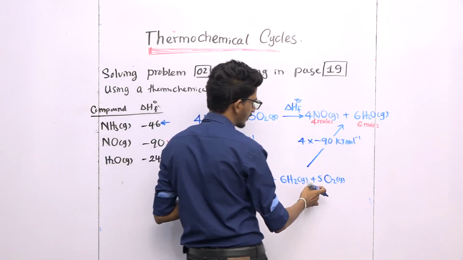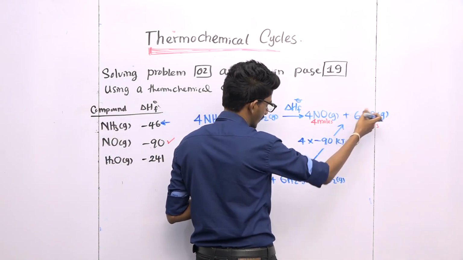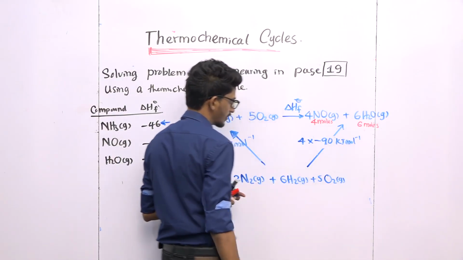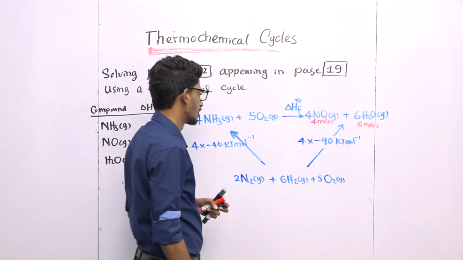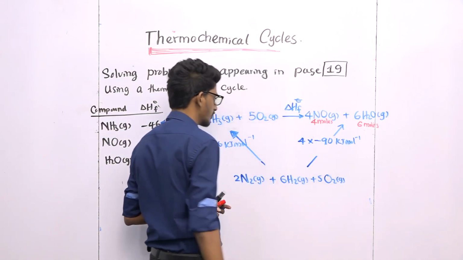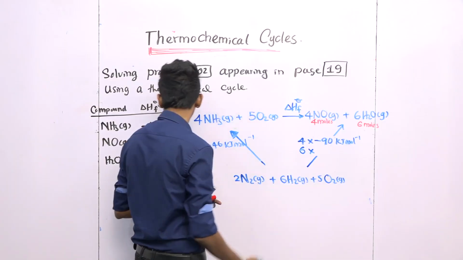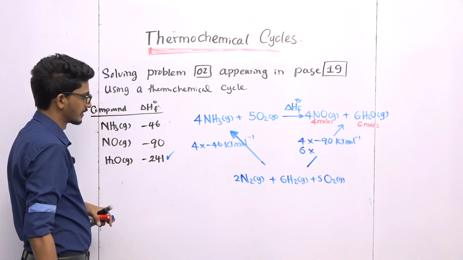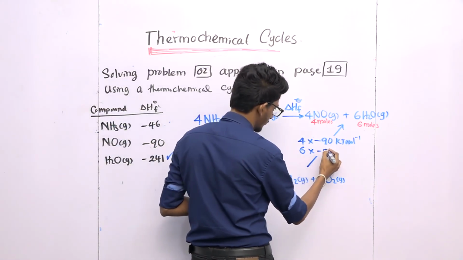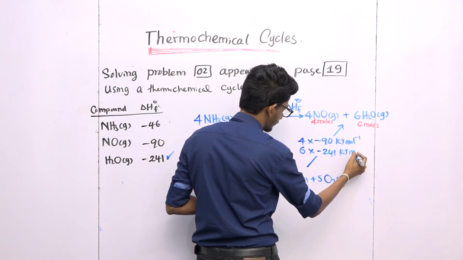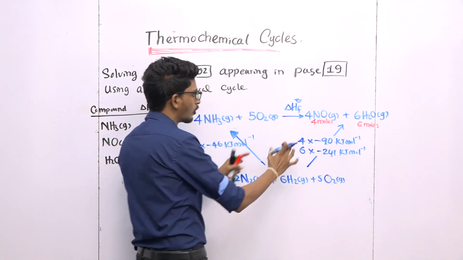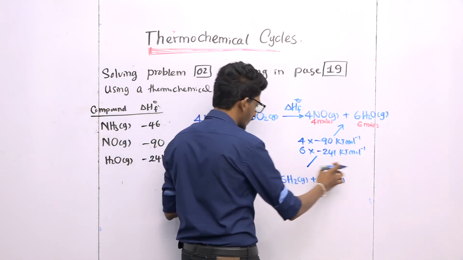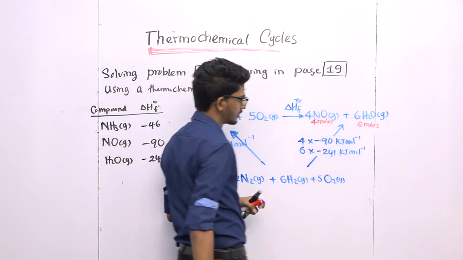The reference state can be converted to H2O by applying the formation enthalpy of H2O, but you need to form 6 moles of H2O, so you need to apply that energy change 6 times. So that is going to be 6 into the formation enthalpy of H2O gas, that is minus 241. By applying this whole enthalpy change, you can totally convert this state to this state.